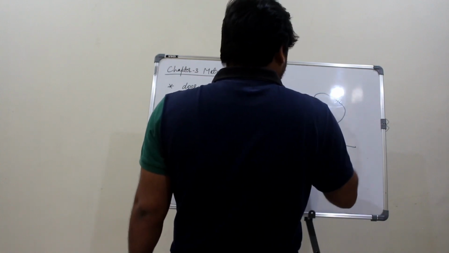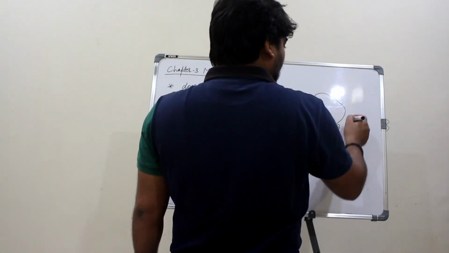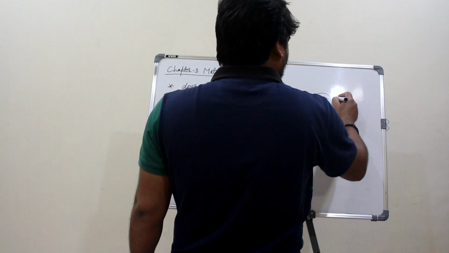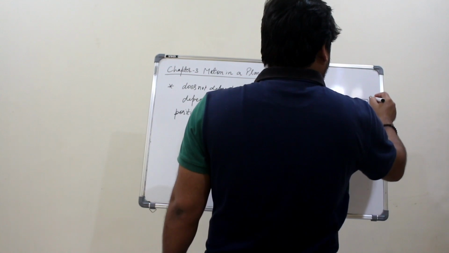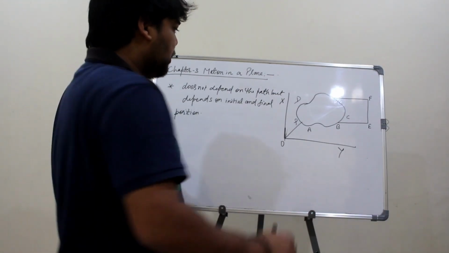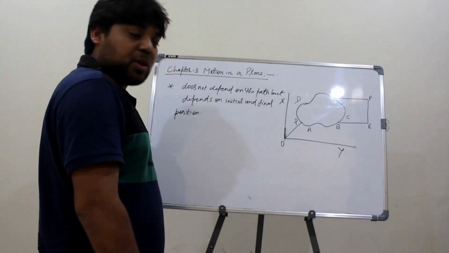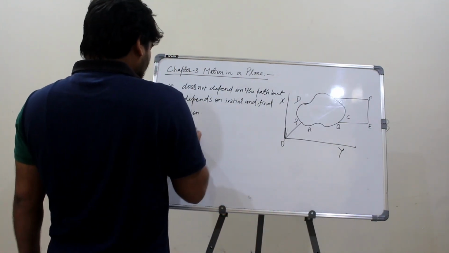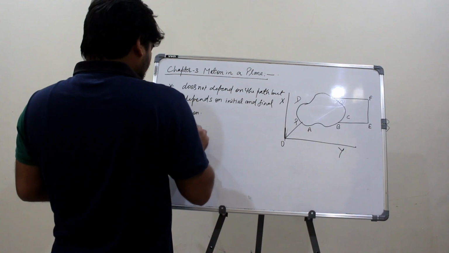You take one position O, P. Here we are taking A, B, C, and this is D, and this is called F and E. This point is Q. Now we want to calculate the displacement between P and Q. So how much is the displacement between P and Q?